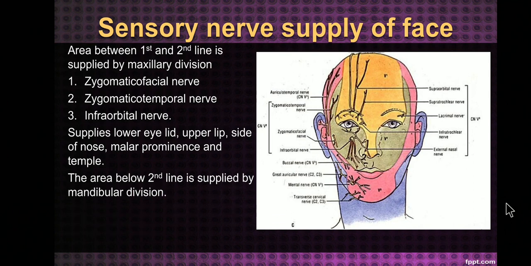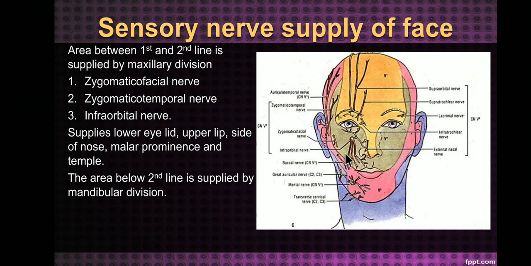The next, the third, below the second line is the mandibular division, which is supplied by the mandibular division again by 3 branches: buccal branch, then you have the mental nerve and auriculotemporal nerve. Mental nerve, which comes out through the mental foramen and supplies the skin over the chin region.